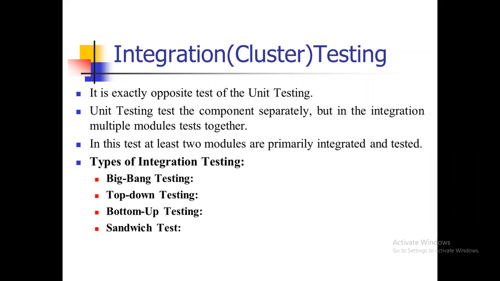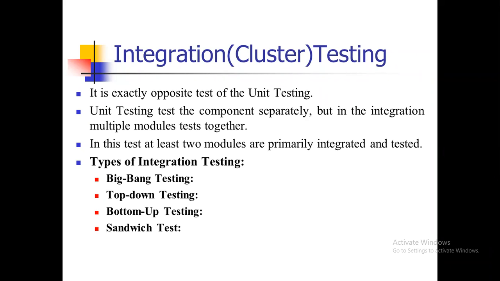In this testing, the smallest components of the product are tested individually, then combined together, and the combined working of the system is tested. Generally it tests how one component supports the other component in working. That is big bang testing.